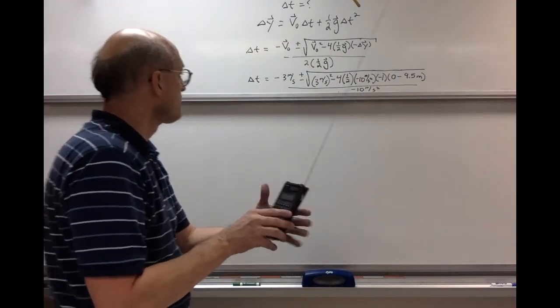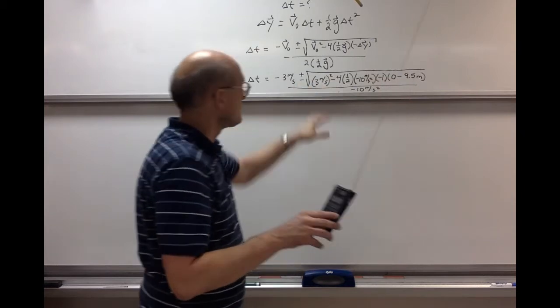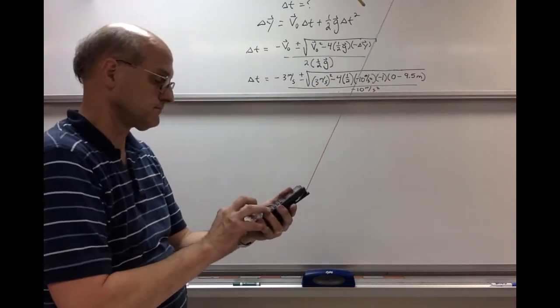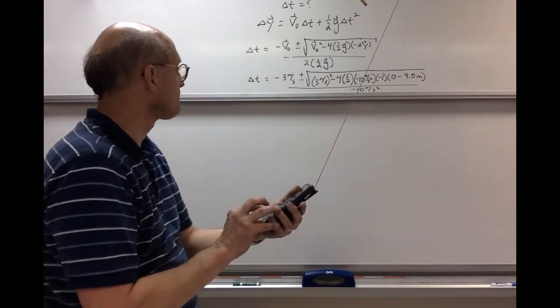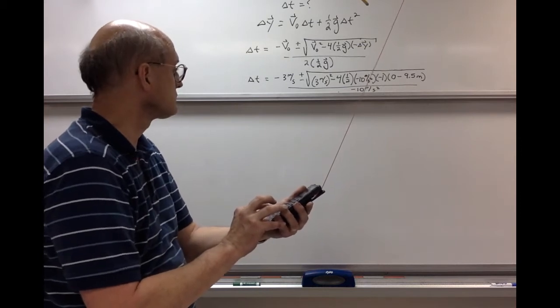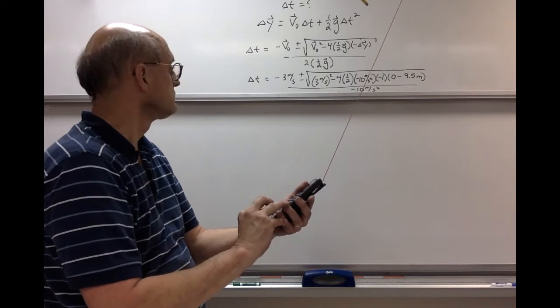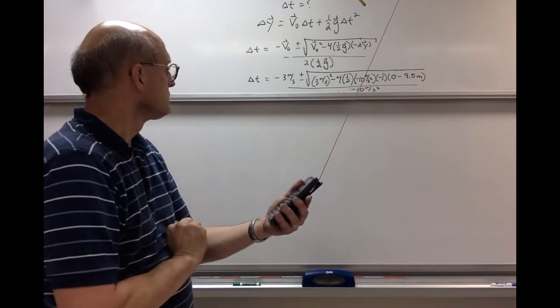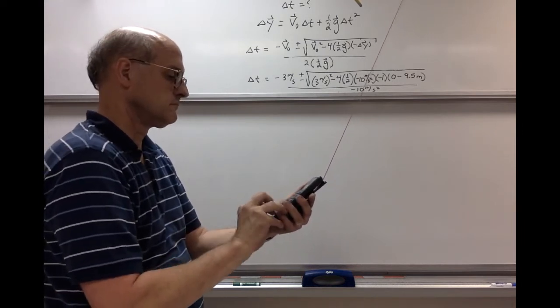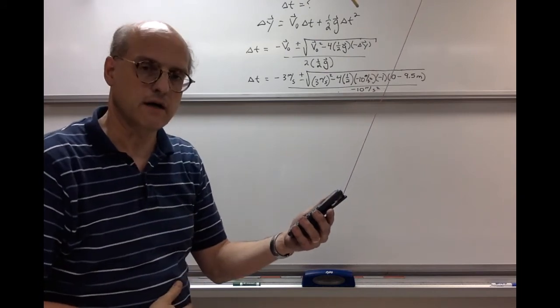So here we go. Let me figure out what's under the radical first. So I get 199.